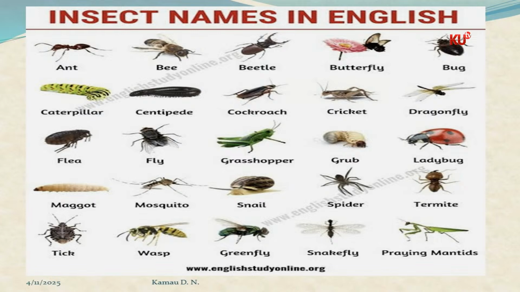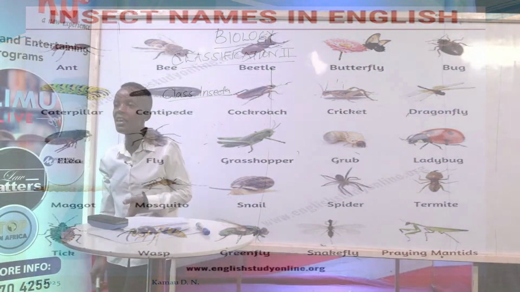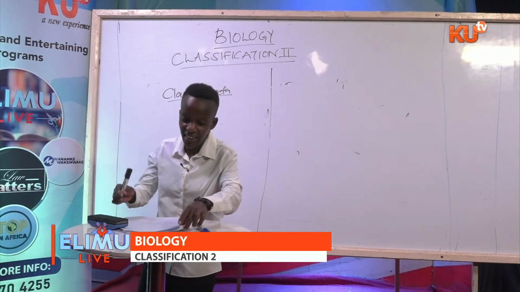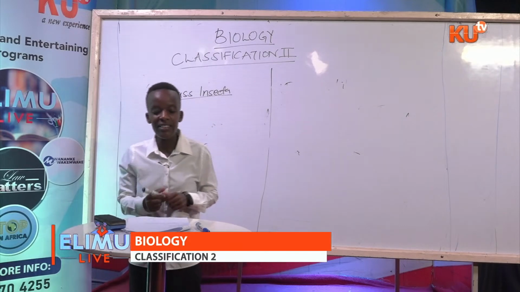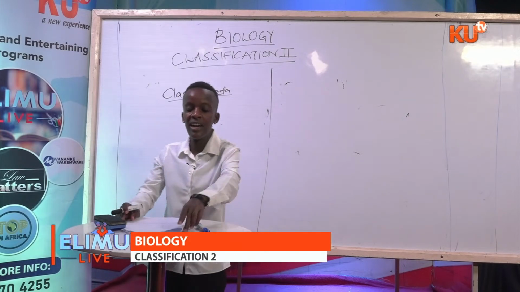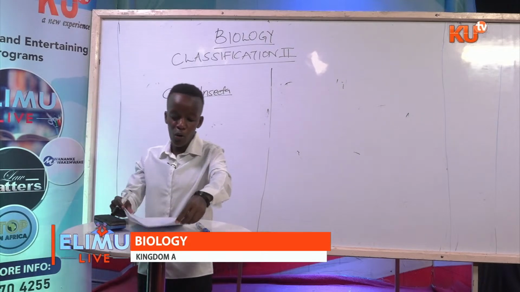There are many types of insects. Remember to write class Insecta, not class insect. Examples are a housefly, an ant, a bee, a beetle, and many other insects. This is a wide class because it has most of the living organisms.